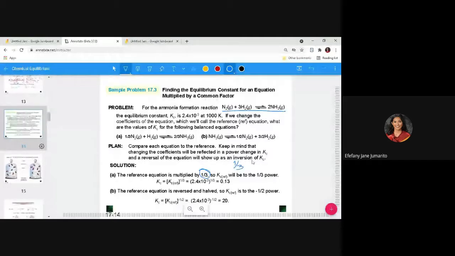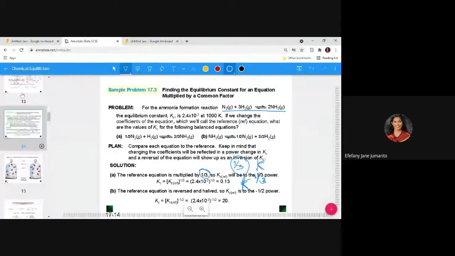The Q is raised to 1/3, and the same for K. So letter A is K raised to the 1/3. Follow?